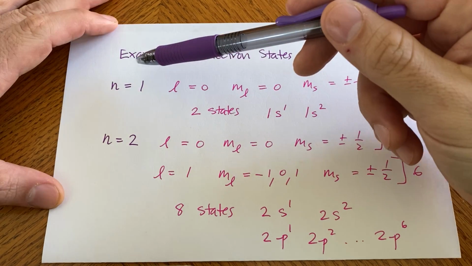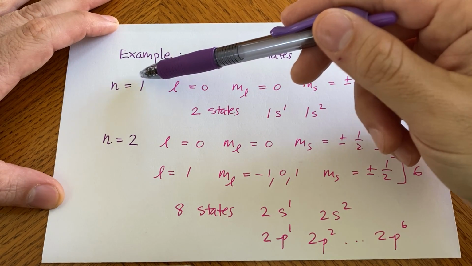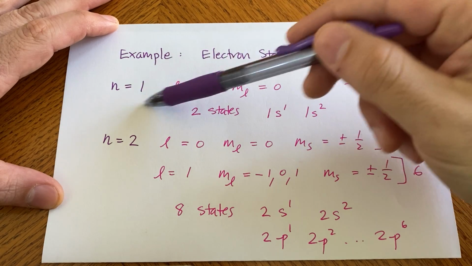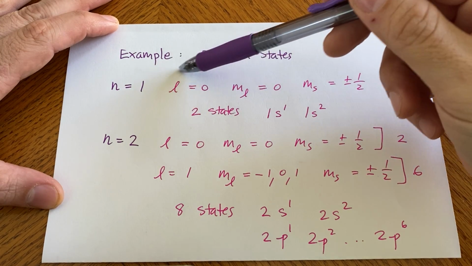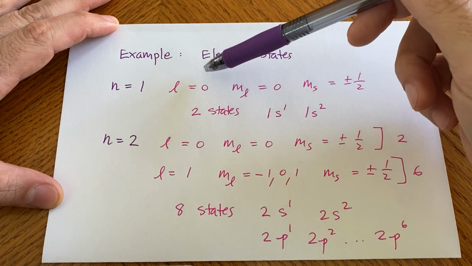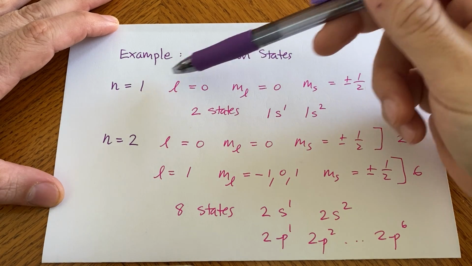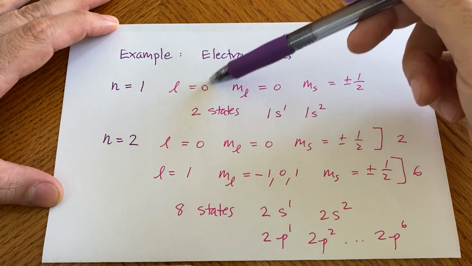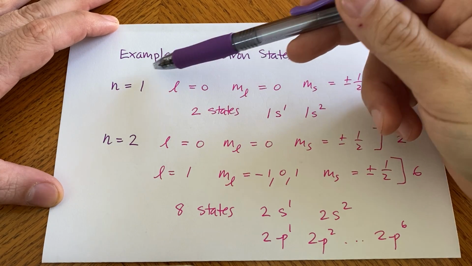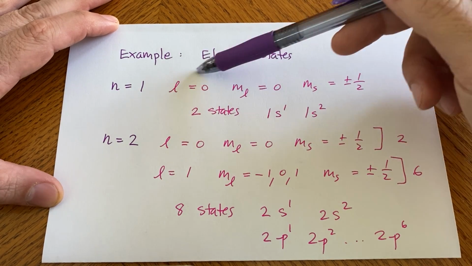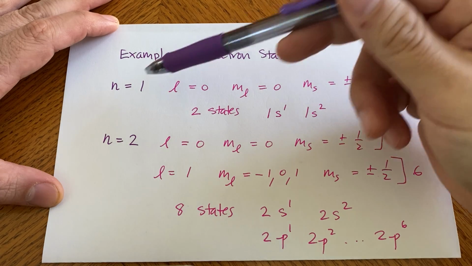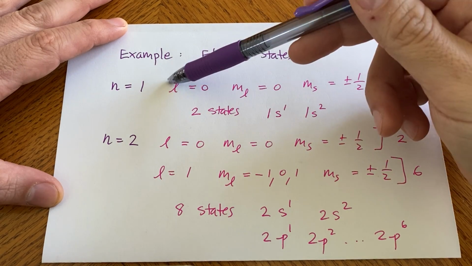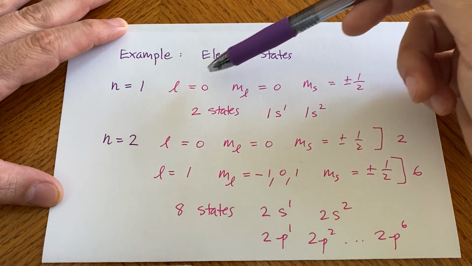The rules are that you take the n value, subtract 1, and that gives you the L value, or the angular momentum quantum number. So if n is 1, then L can only be 0. L can never be a negative number.